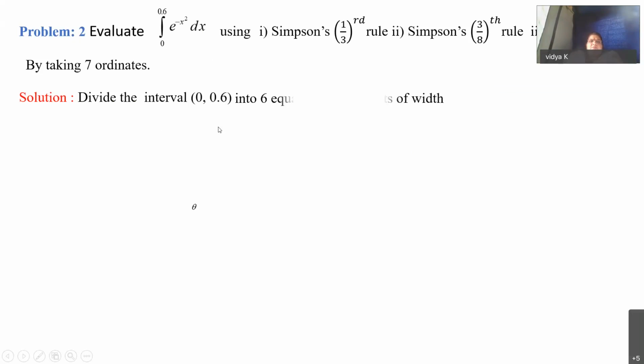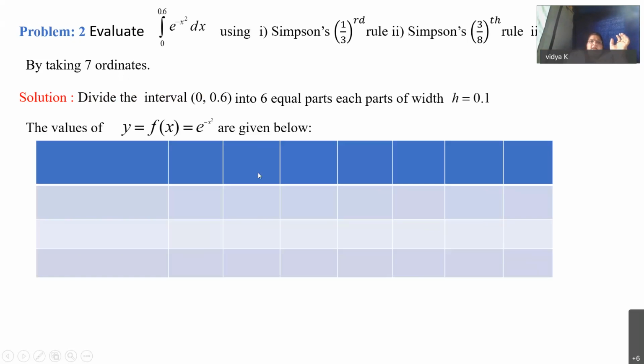So here also, 0 to 0.6, 7 ordinates. As I said, with n plus 1 ordinates, we can make n intervals, 1 less, so 6 intervals. Usually n will be an even number, keep that in mind. So here you take n equal to 6 as I did earlier. h is upper limit minus lower limit by n, so 0.6 minus 0 divided by n.